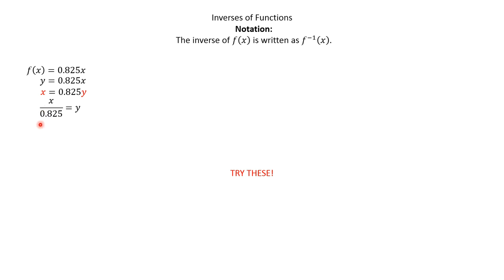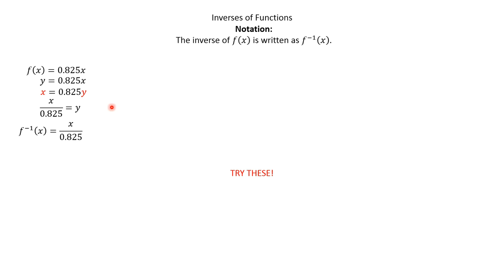So y equals x divided by 0.825. And then finally, change it back into function notation. It started in function notation, it needs to end in function notation. But now we don't have f of x anymore. We have the inverse of f of x. We have f to the negative 1 of x equals x over 0.825.